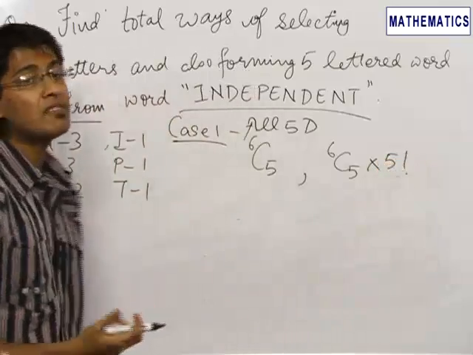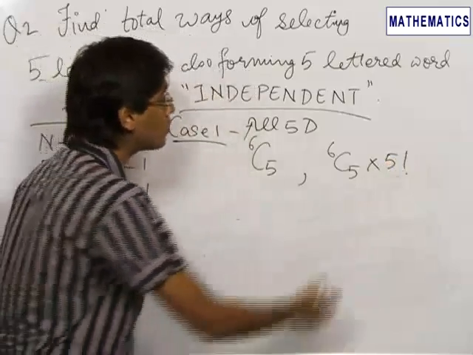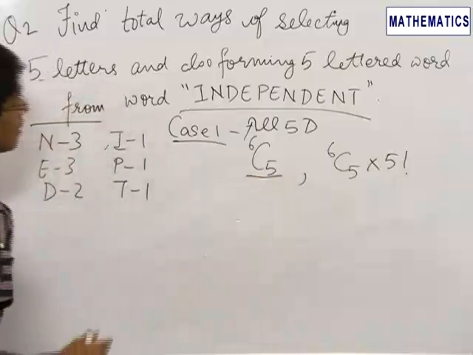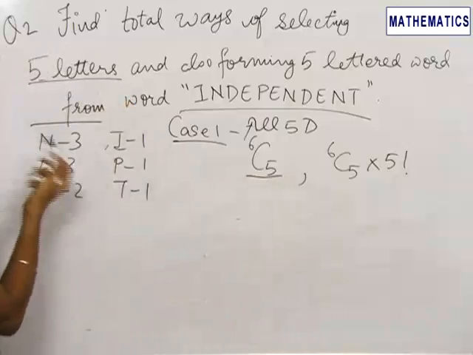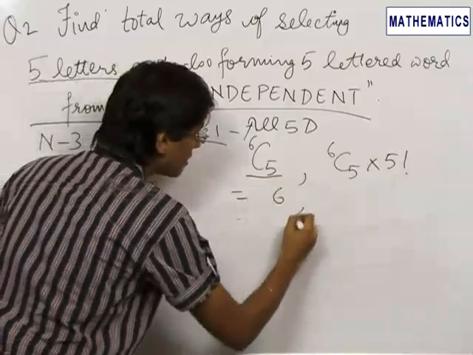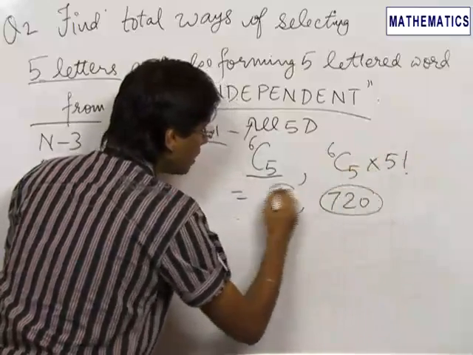These 5 alphabets that we have selected can be arranged in 5 factorial ways, and this 6C5 represents the total number of selections of 5 letters which are all different out of these 6 alphabets. So this is 6 and this is 120 into 6, that is 720. We'll remember this.